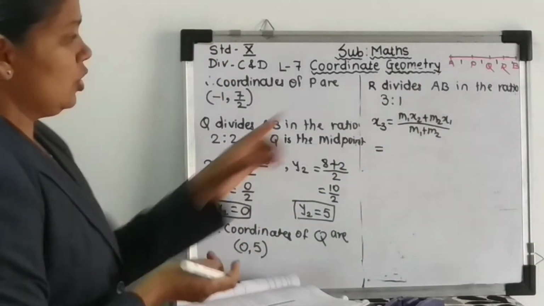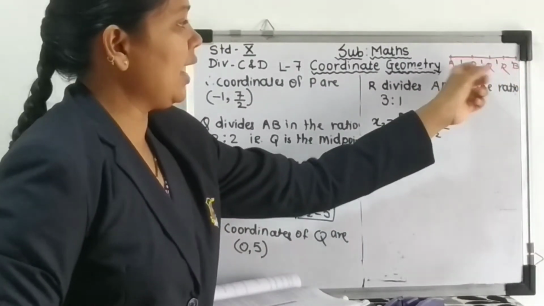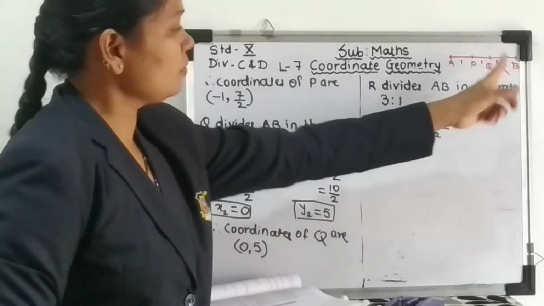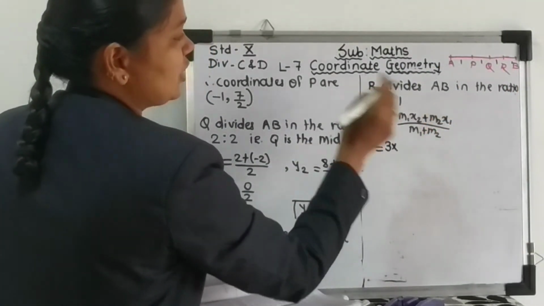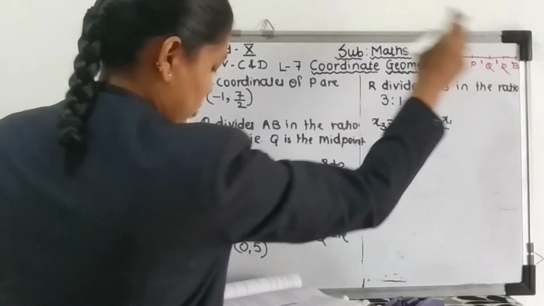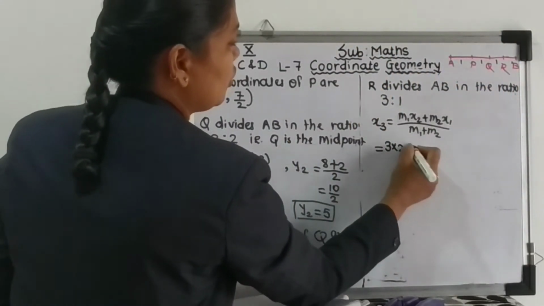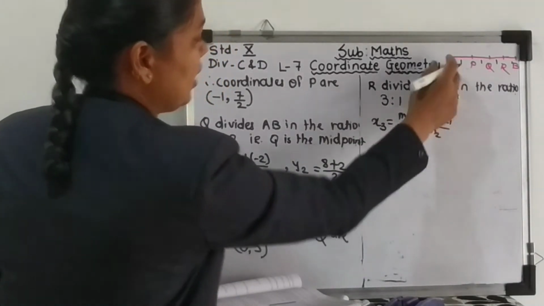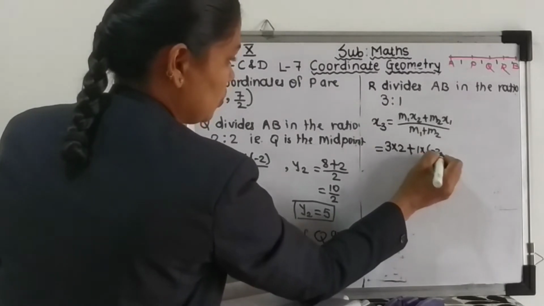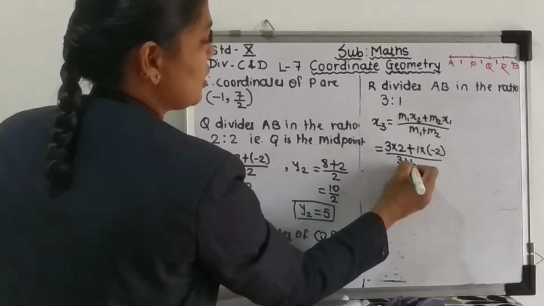So let us have those. As I told you, your x2 and x1 will be this one only. Right? A and B coordinates. So m1 is your 3 into x2. x2 is what was there? B coordinate, it was 2. So we will write 2. Then m2 is 1. So 1 multiplied by x1, which is minus 2, upon m1 plus m2, means 3 plus 1.